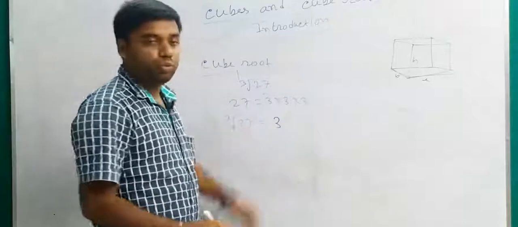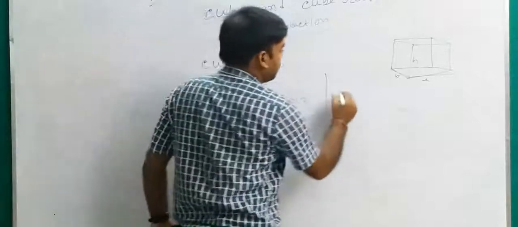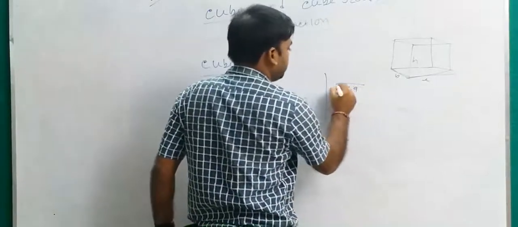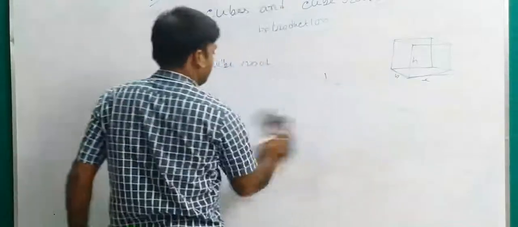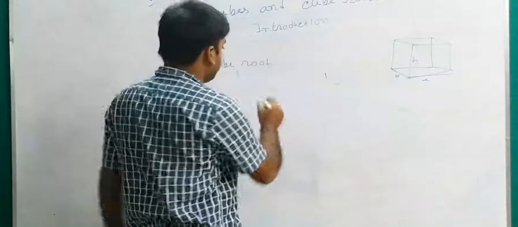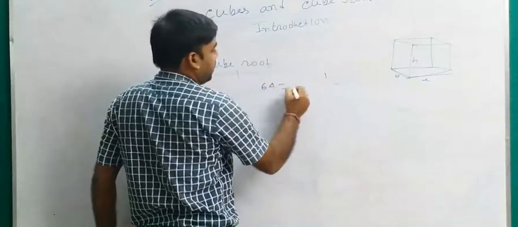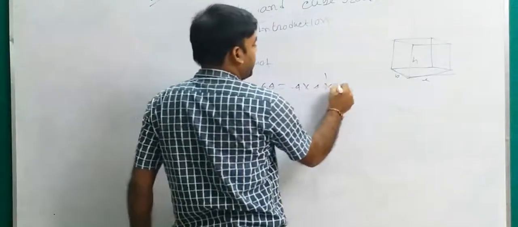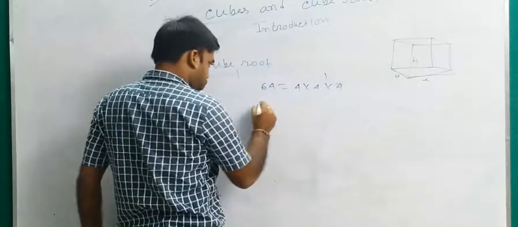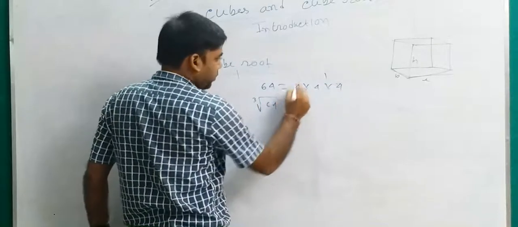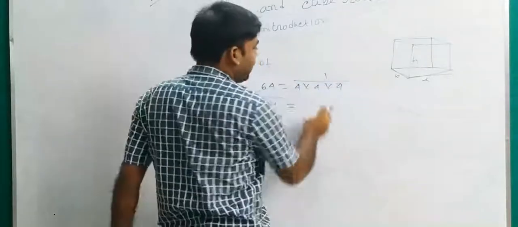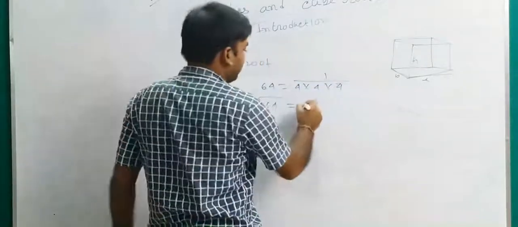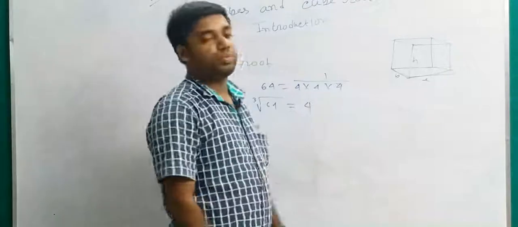That is the cube root. Another example, cube root of 64. 64 means 4 into 4 into 4, and 3 4's are there. From this bar, one number will be carried down, that is 4.